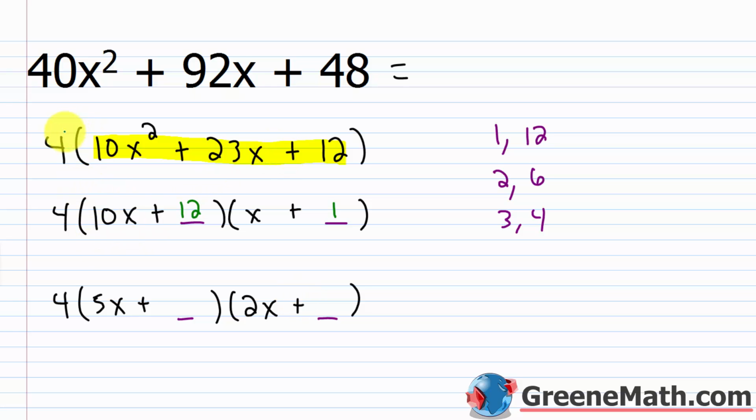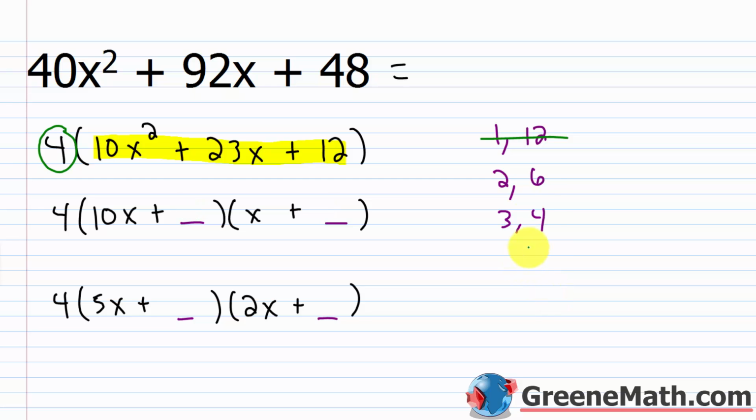But we've already pulled that out. That's outside of the parentheses now. Inside, where we have 10x squared plus 23x plus 12, there is no common factor other than 1. So we can't pull anything else out. This guy is not a possibility because between 10x and 12, I could pull out a 2, right? There's a common factor of 2 there. So this is not a possibility, and you can go ahead and scratch that off the list.